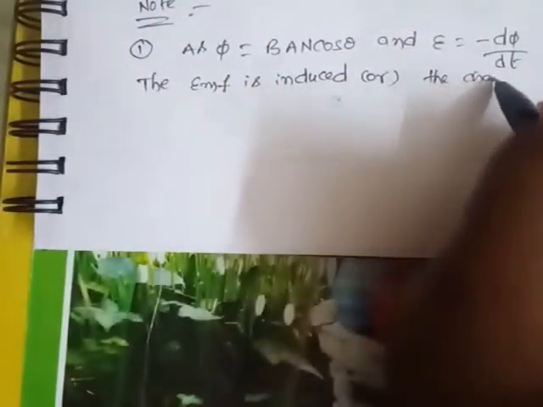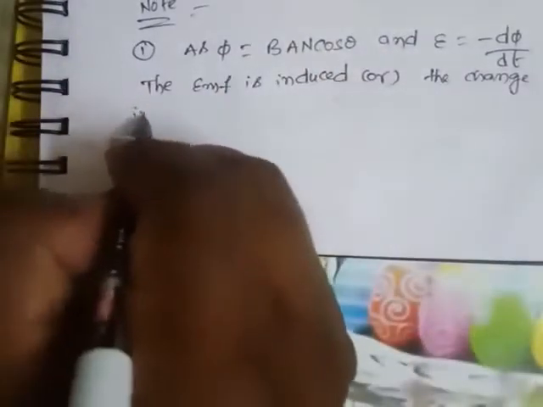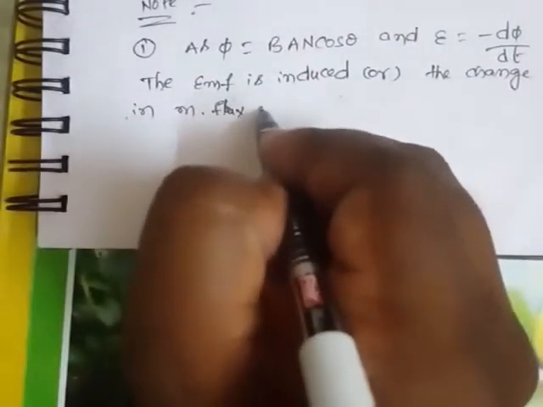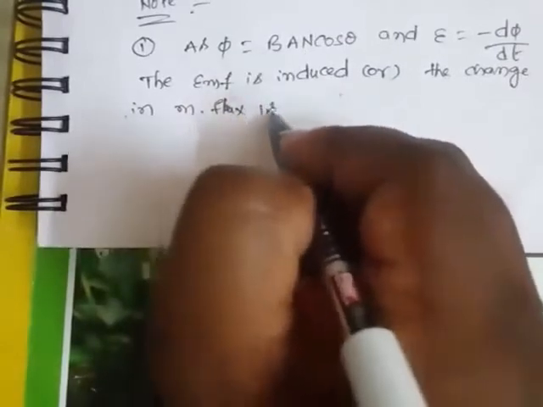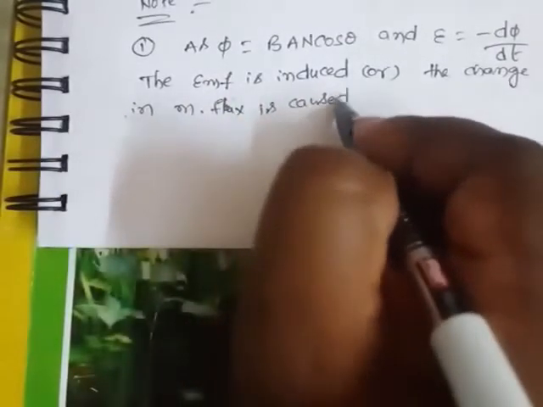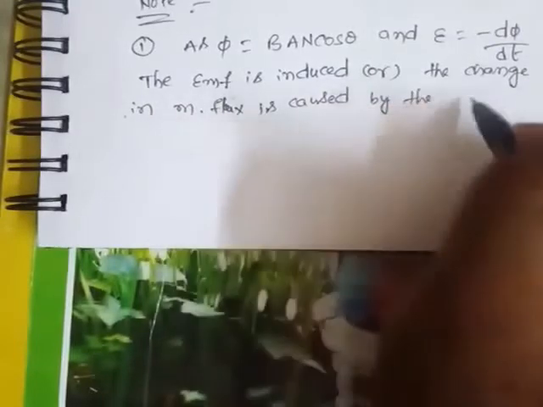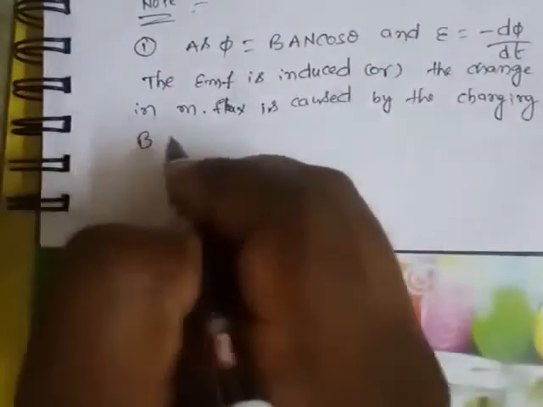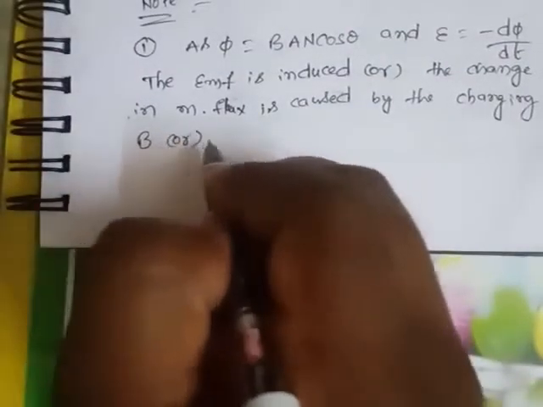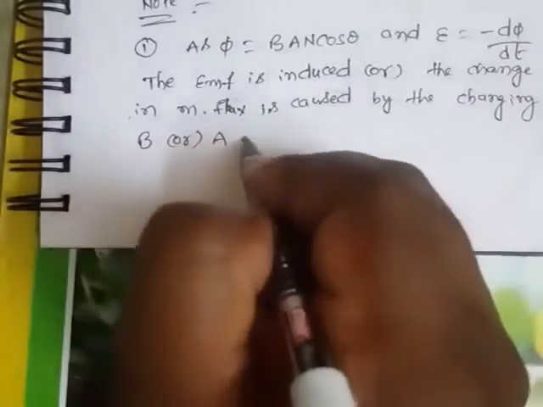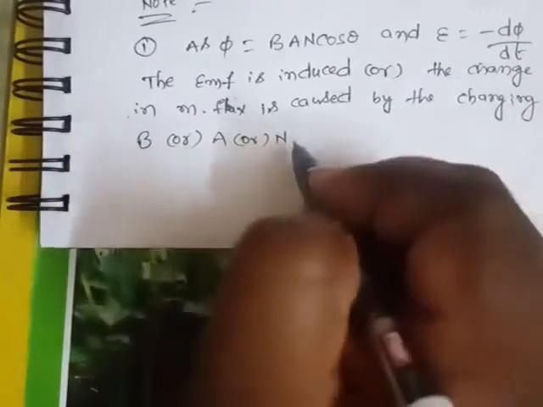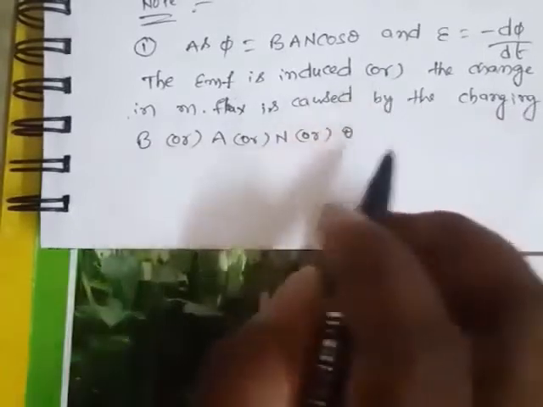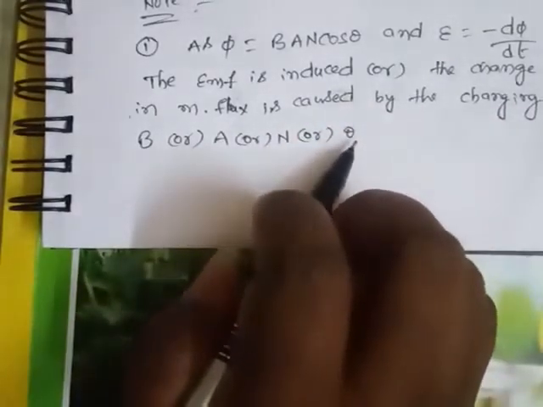The change in magnetic flux is caused by changing either the magnetic field, the area of the coil, the number of turns of the coil, or theta. Theta means how the coil is oriented in the magnetic field. So this is one of the points.